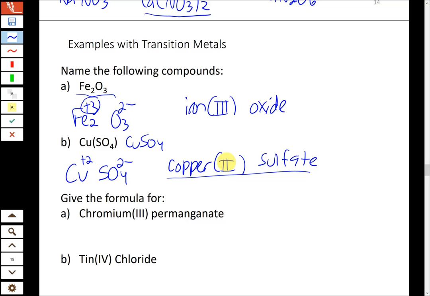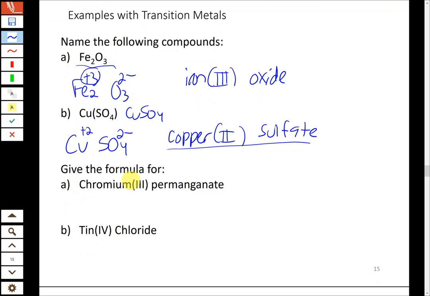And then for the other ones here, we just need to know, again, the names and the charges of the different polyatomics. So chromium 3 permanganate. Chromium 3 tells us directly that it's Cr3+. So that's the nice thing about the names of transition metal compounds. If you're given the name, the charge of the metal is directly stated, so you don't have to look it up or try to figure it out in any way.